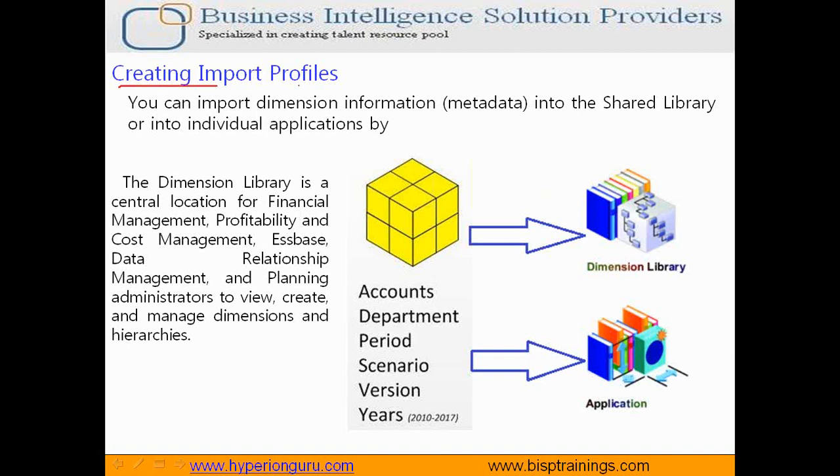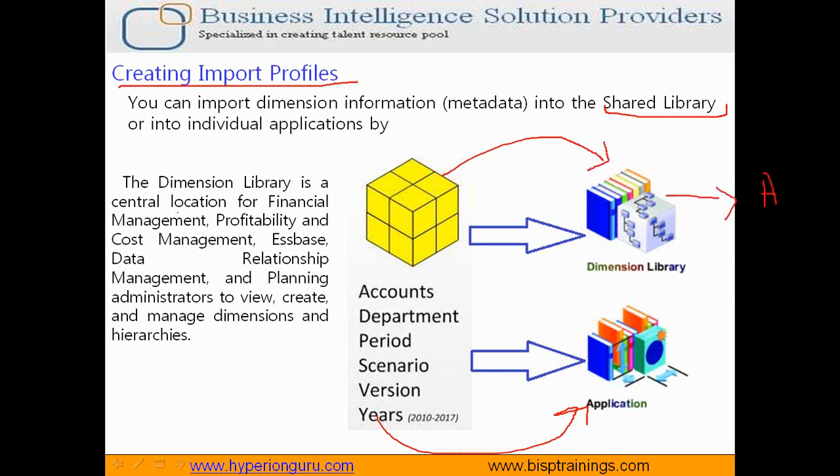So step first, creating an import profile. The import profile maintains some important information about your metadata load. So step first, we create a profile and load directly to the dimension library or shared library. Although we could directly load metadata to an application, we would load into the shared library first and then in turn load into another application.